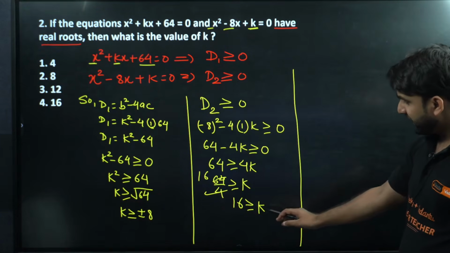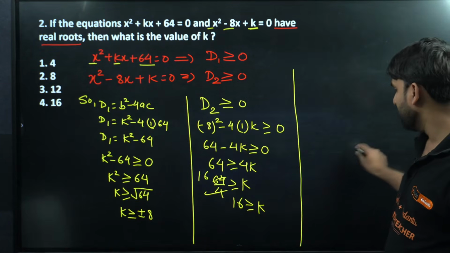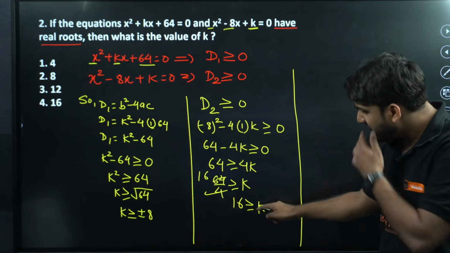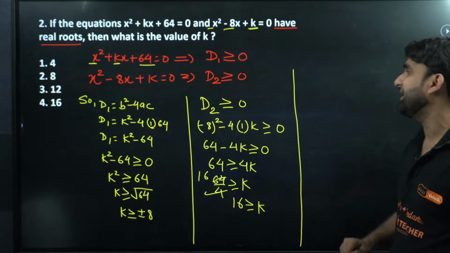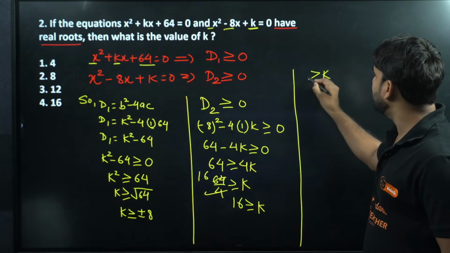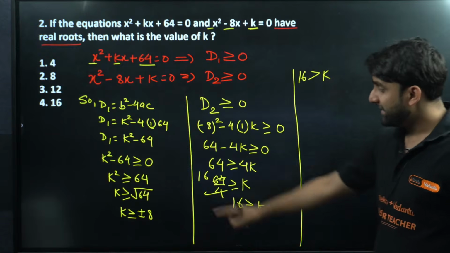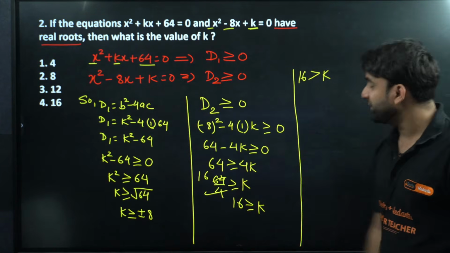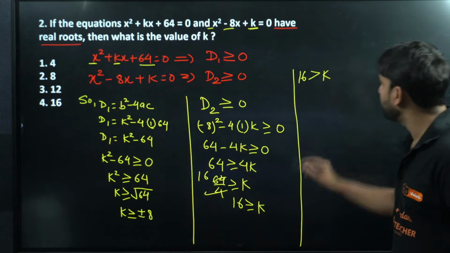And here this k is less than or equal to 16. It implies that k is less than 16, right? And according to that situation, k is greater than 8.